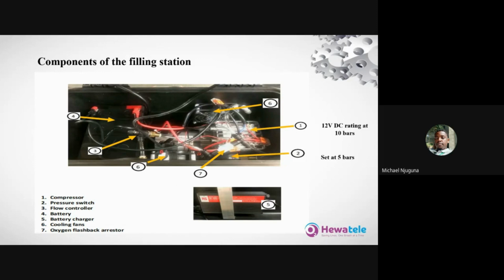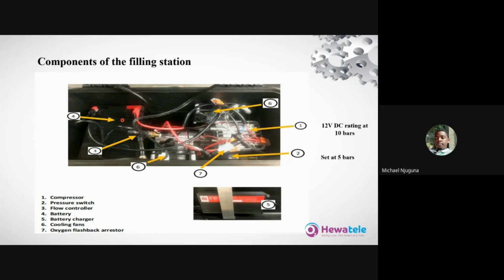Number three here is the flow controller, which we had mentioned earlier. It regulates the flow rate that the compressor pulls in and also pushes out into the reservoir. Number 4 is the battery. The battery drives the compressor.